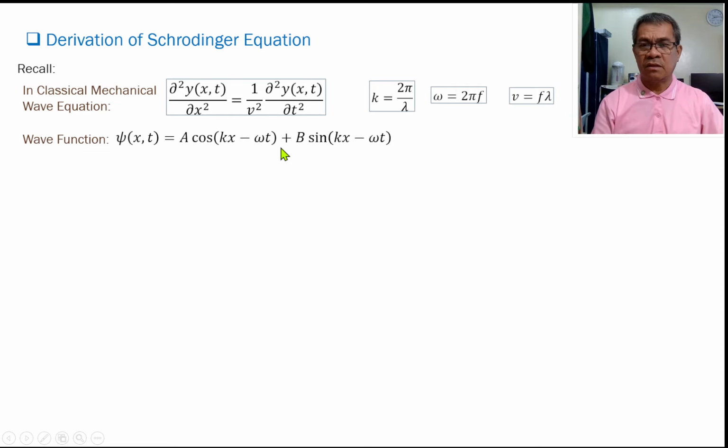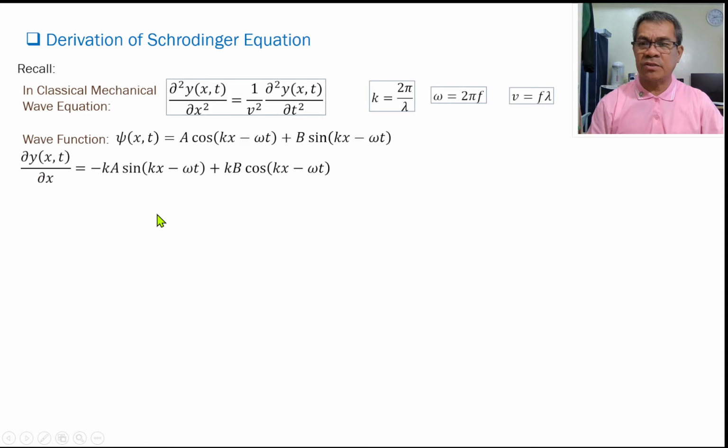The result is the relationship between the angular frequency and the wave number. Okay? So do it. Take the derivative, but again, change this to y. Take the derivative of y with respect to position. This is the first derivative.